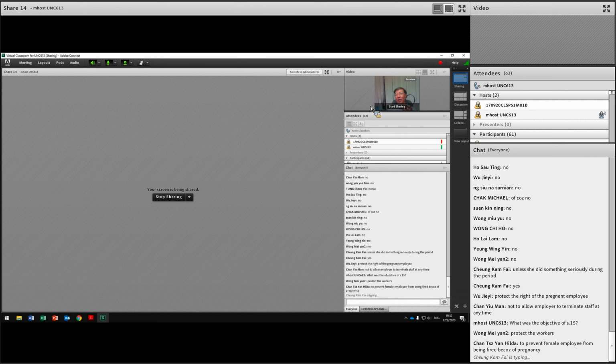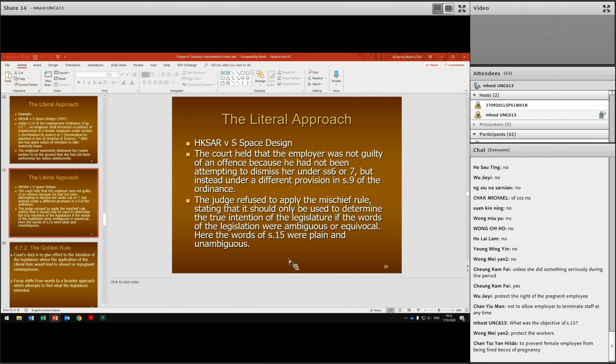For this section, I think the wording is quite clear, so it is not necessary for the court to use the mischief rule. The court can just look at the wording of Section 15, because Section 9 is not mentioned in Section 15. That is the reason why the court held that the employer was not guilty of this offense.